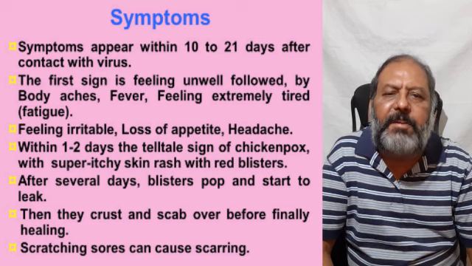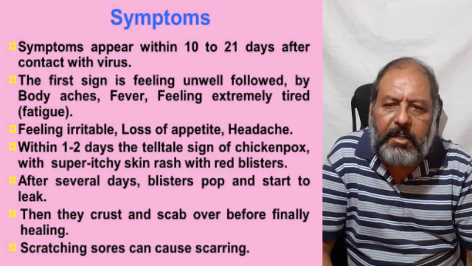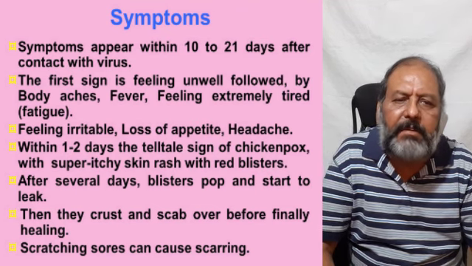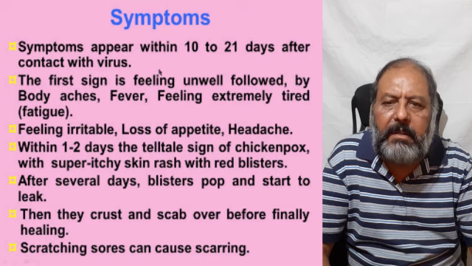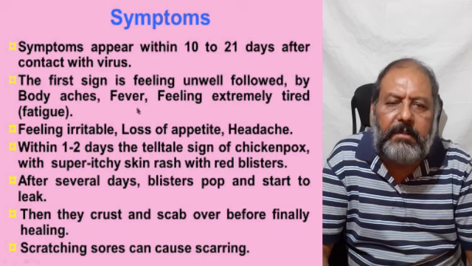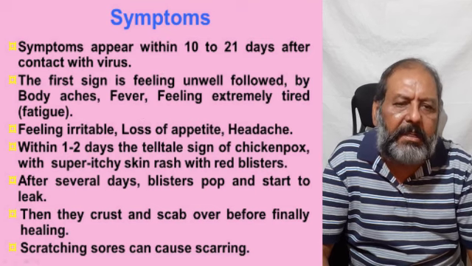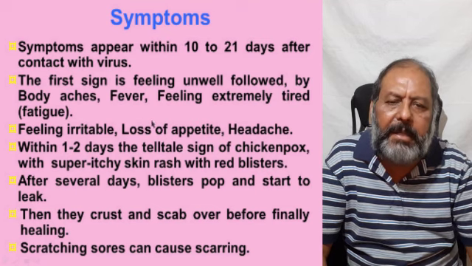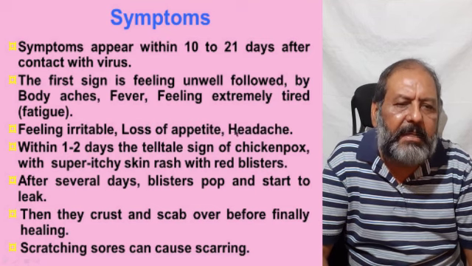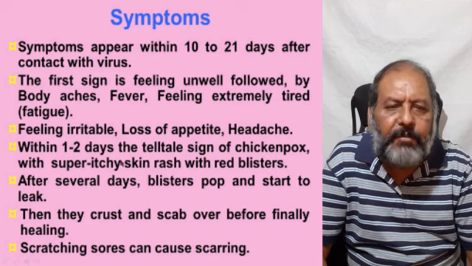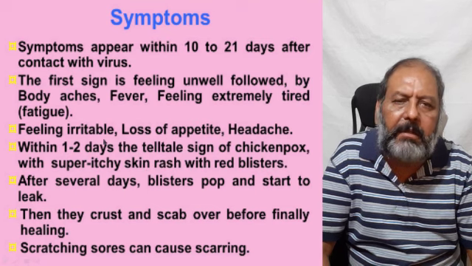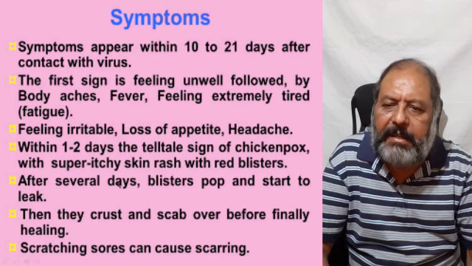Now, the symptoms which chickenpox has appear within 10 to 21 days after contact with the virus. The first sign is feeling unwell, followed by body aches, fever, feeling extremely tired, fatigue, feeling irritable, loss of appetite, headache.